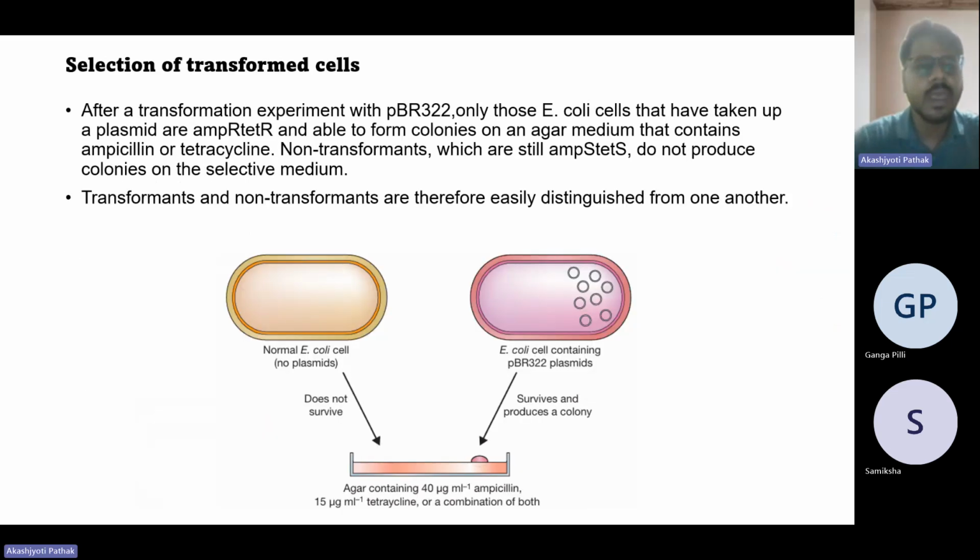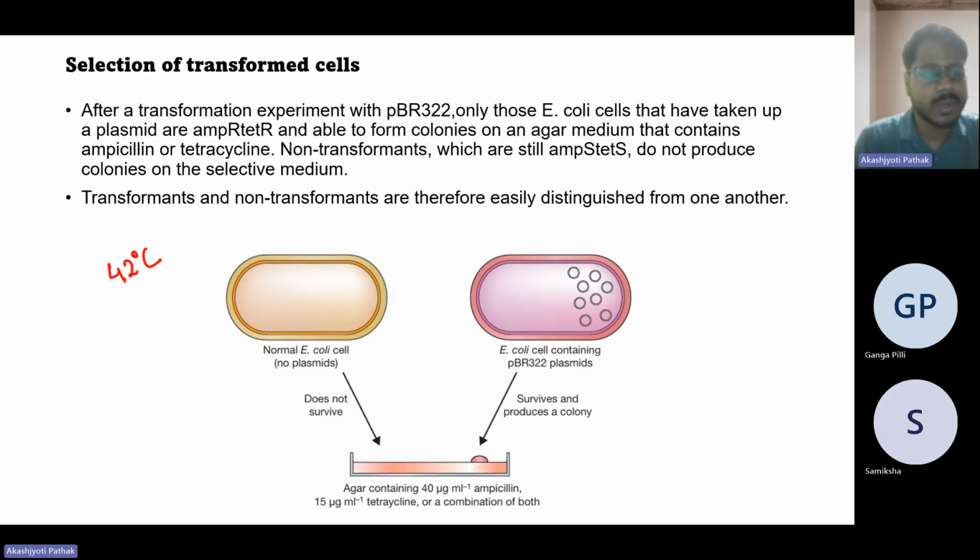Now, when you are doing this transformation, we do this in a water bath. The 42 degrees Celsius heat shock: there is a water bath, and the temperature of the water bath is set to 42 degrees Celsius.